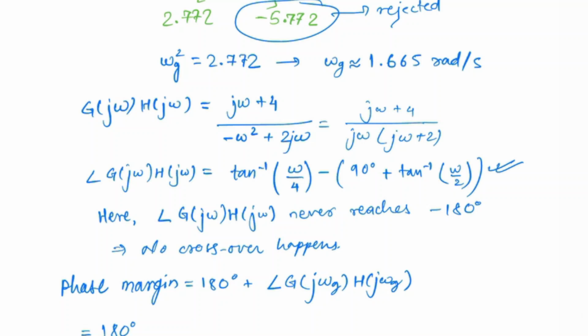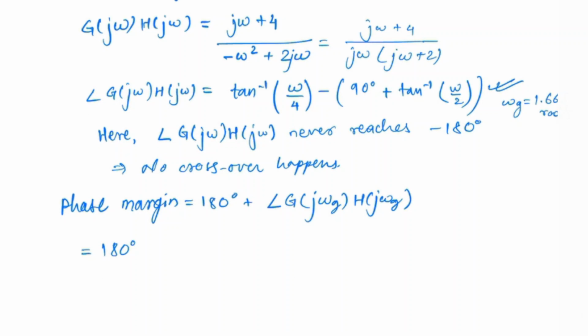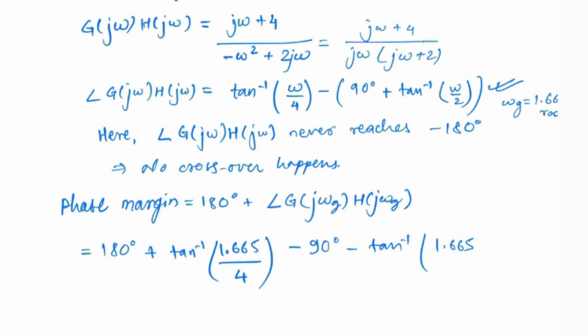So we can use this expression and substitute omega g equals 1.665 radian per second to get 180 degrees plus tan inverse of 1.665 by 4 minus 90 degrees minus tan inverse of, and this turns out to be 72.8 degrees.